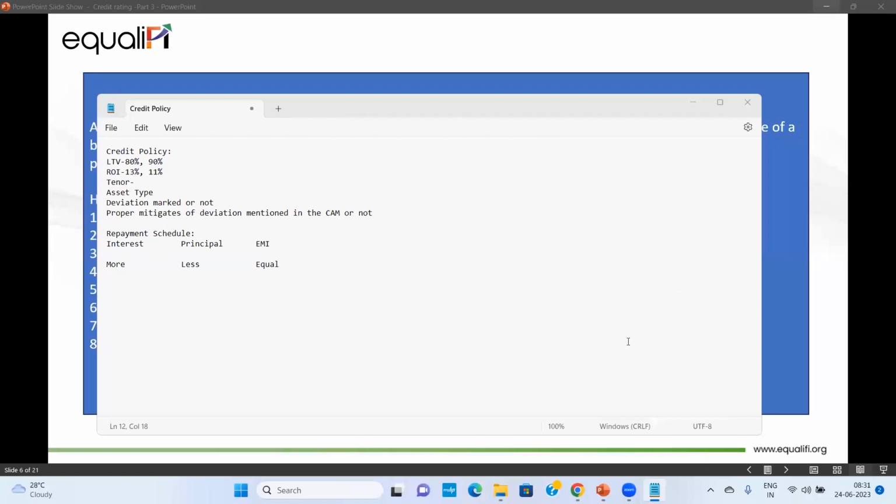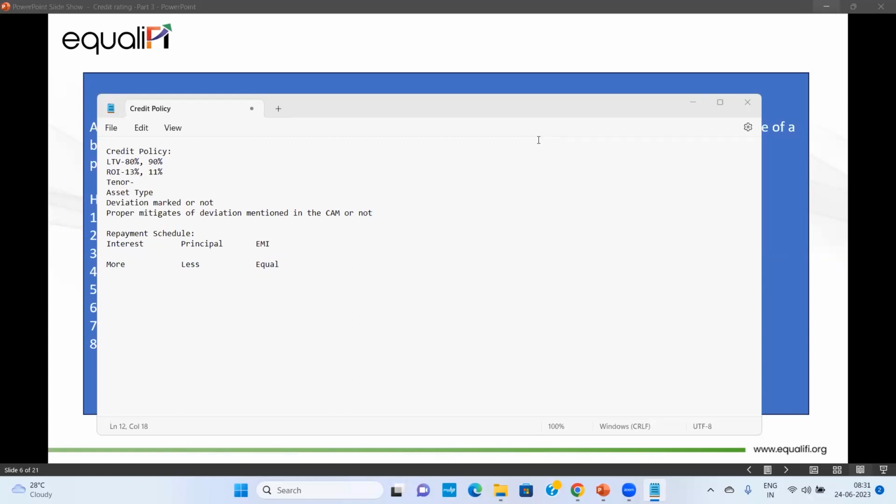Okay, let us come back to our topic. Then asset type becomes extremely important, that is, which kind of asset you are funding. Now you are funding a home or you are funding an auto.